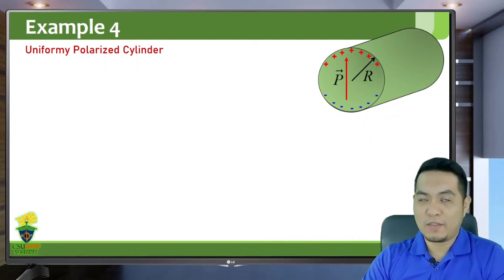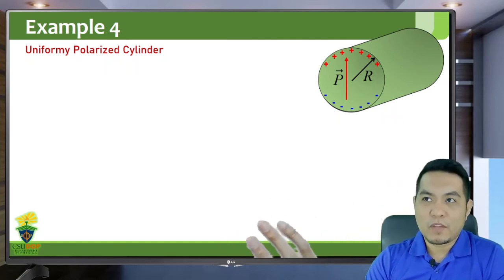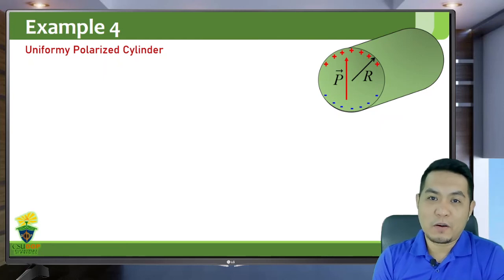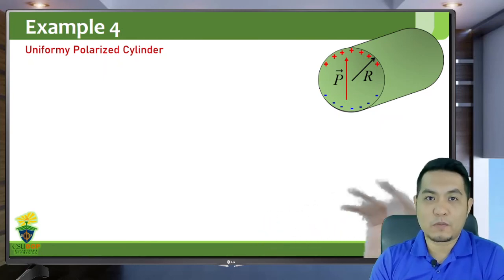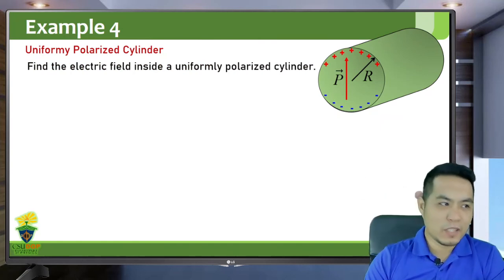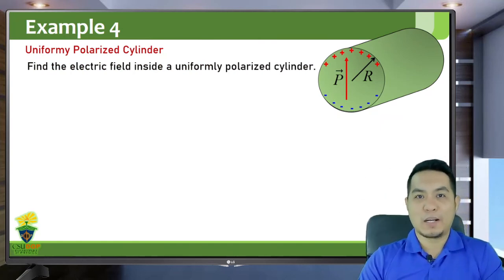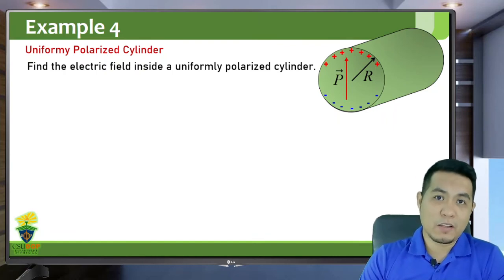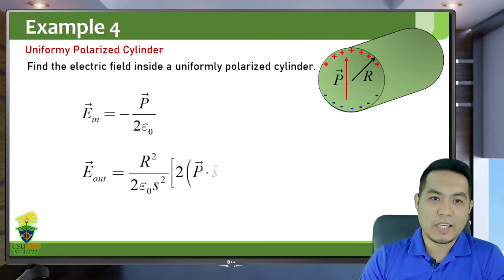One is a cylinder composed of positive charges, and the other is a cylinder composed of negative charges. I will leave that to you. The method is just similar to example number 3, and you will get this result.